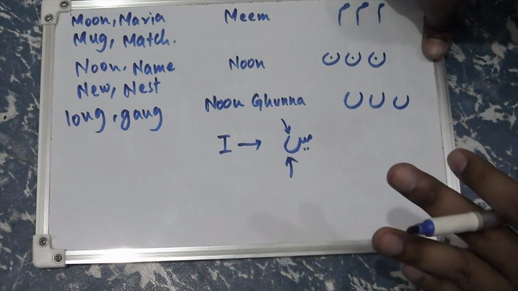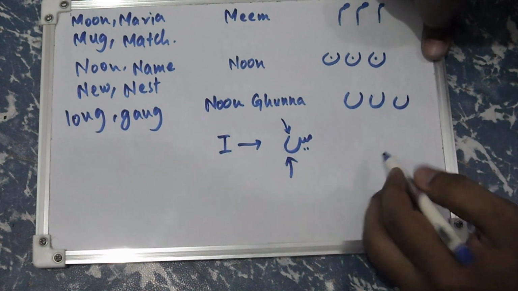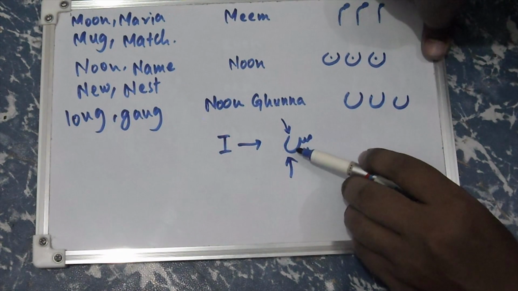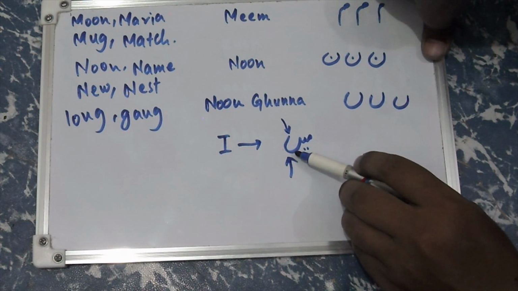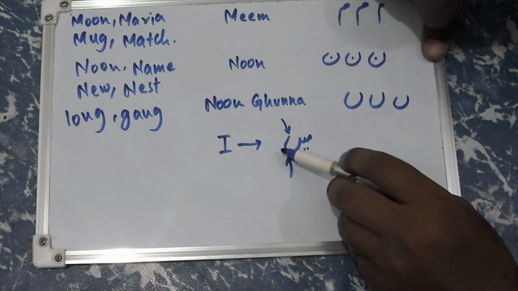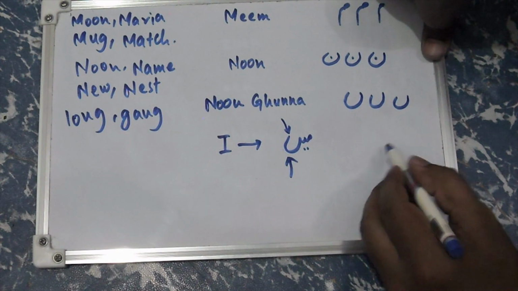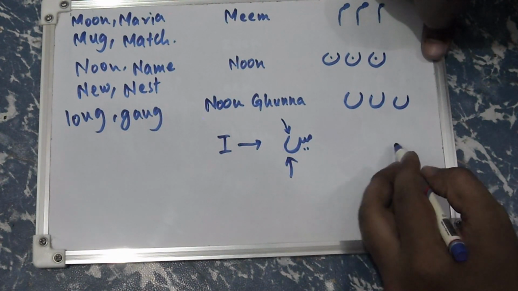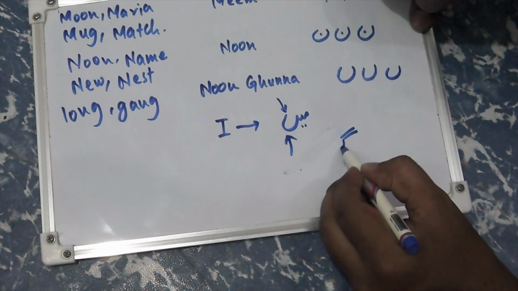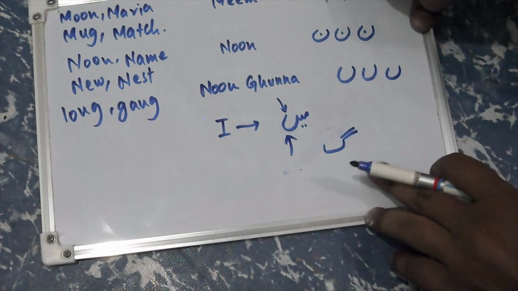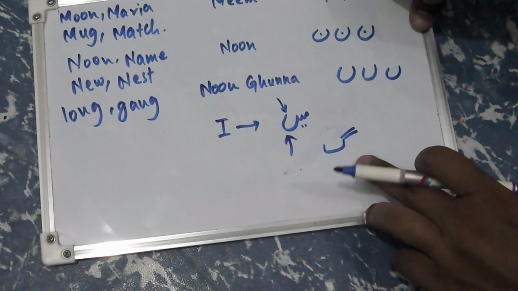And after this noon gunna, there is no alphabet. That's why you do not hear the pronunciation of that alphabet. If there would be any alphabet after this noon gunna, it would be like this, mang. If there would be gaf, you would hear it like mang.